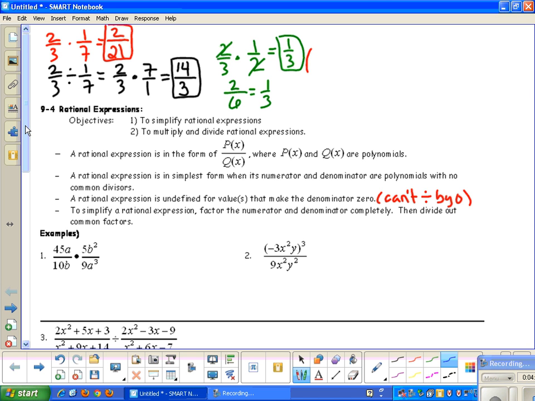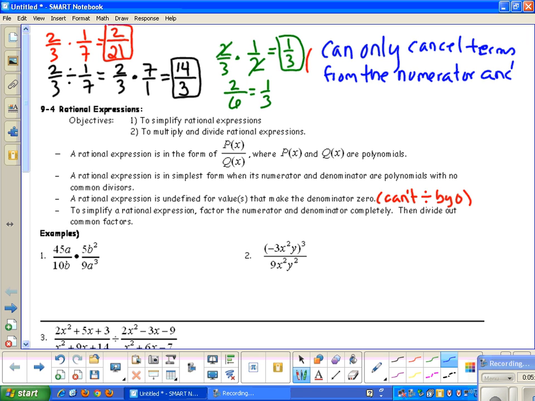The note is that you can only cancel terms from the numerator and denominator when you are dividing or multiplying.